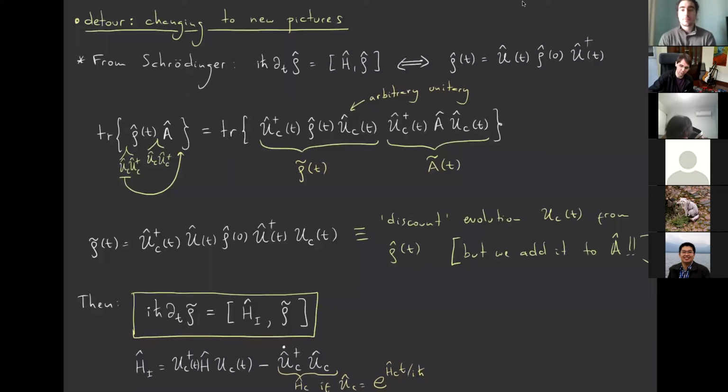So then the final Hamiltonian is just the original Hamiltonian transformed, and then you subtract the Hamiltonian H_C that defines your transformation.